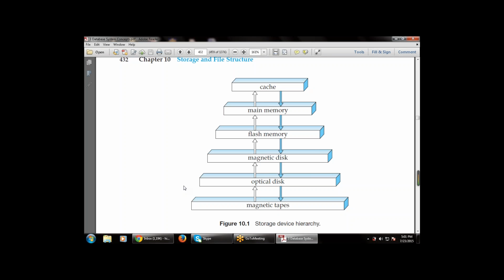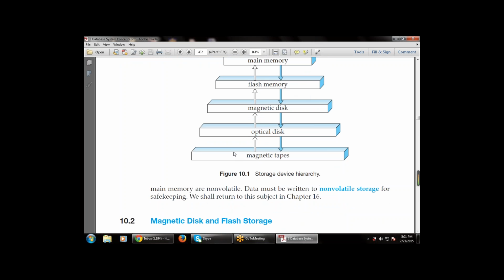These are the various levels of the hierarchy that are available.